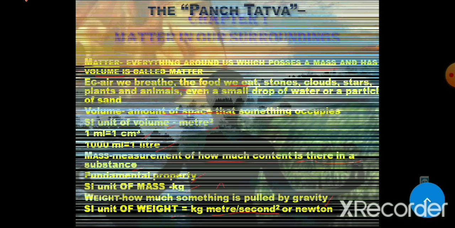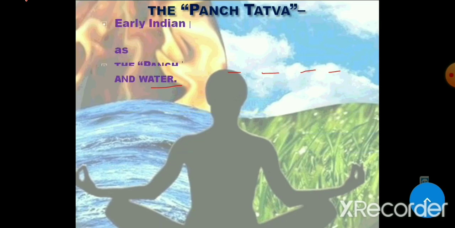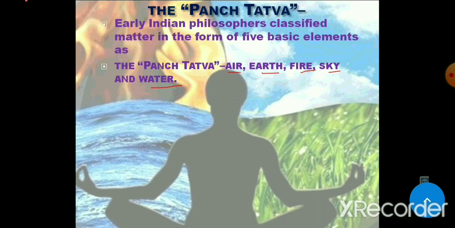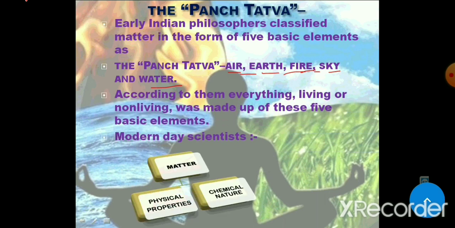In the next slide we learnt about the Panchatattva, that is the air, earth, fire, sky and water. Here we can see these. Next we learnt that the modern day scientists classified matter on the basis of two things. One is physical properties and another is chemical nature.